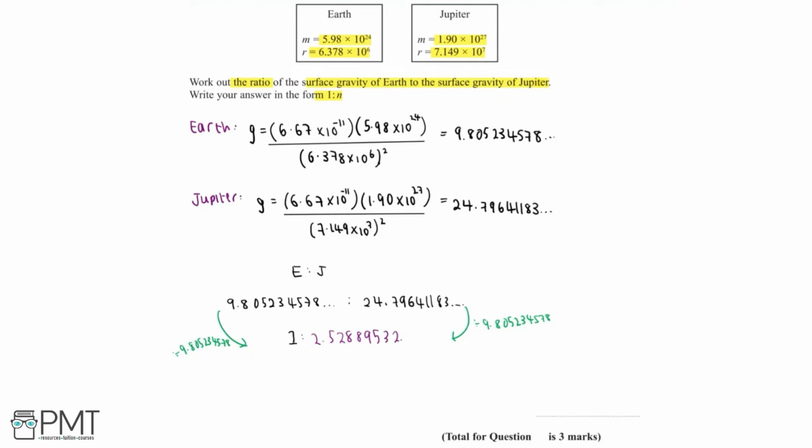And so now that we've reached our final answer, we can round to an appropriate number of significant figures. And so rounding to 3 significant figures, we can say that the ratio of the surface gravity of Earth to the surface gravity of Jupiter is equal to 1 to 2.53, correct to 3 significant figures. And we can write down this value in our answer box.